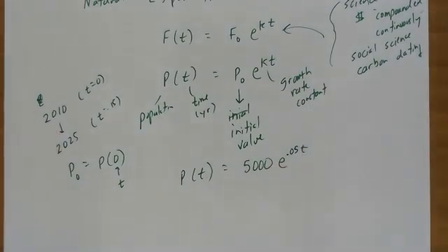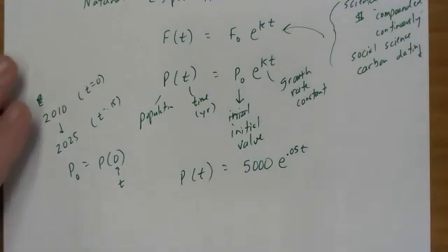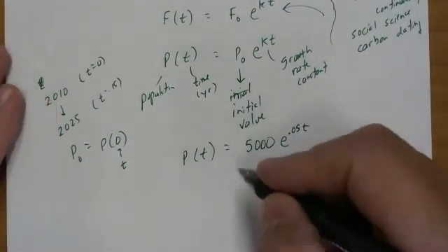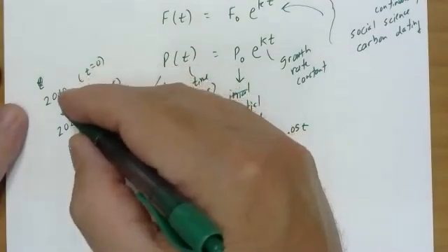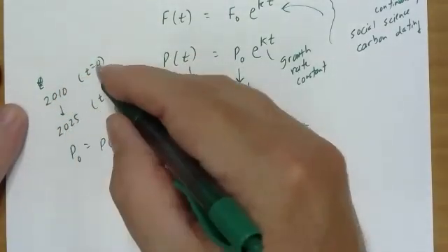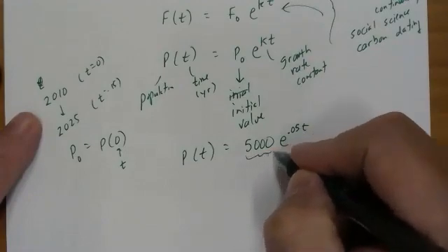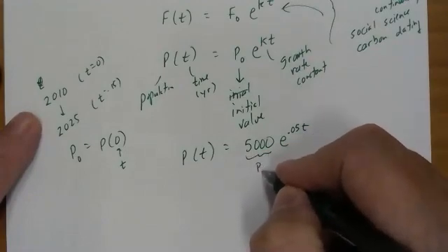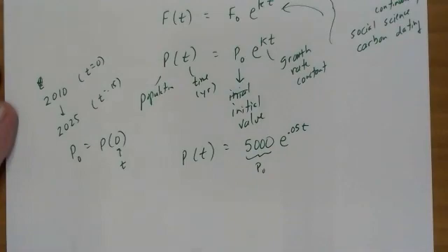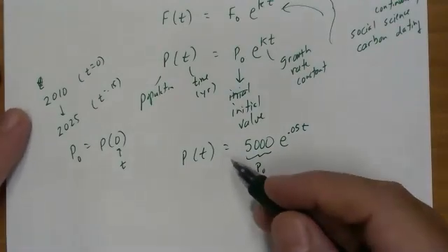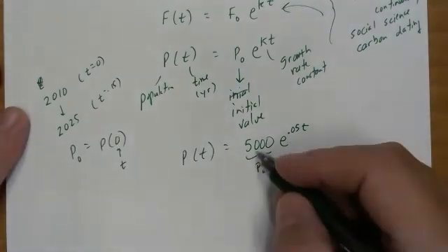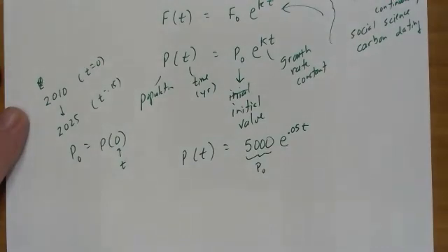So here is a typical looking exponential function, and I'm going to call it a population growth. What does that mean? Well, let's do this here. We start 2010, 2025. I've already given you the initial value. So in 2010, the population is 5,000 people.